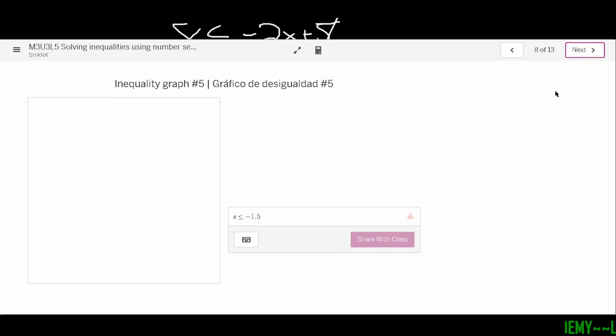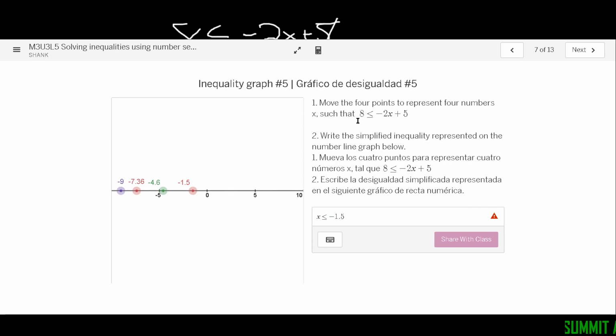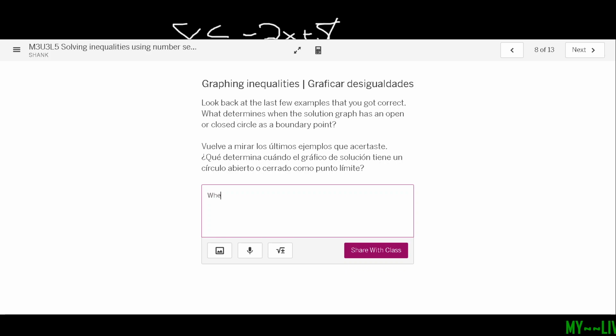All right, moving on. We have this one, and it says, look back at the last few examples that you got correct. What determines when the solution graph has an open circle or closed circle as a boundary point? So what it's talking about is looking at these symbols here. We're saying when it has a filled in line, then it has a filled in circle.